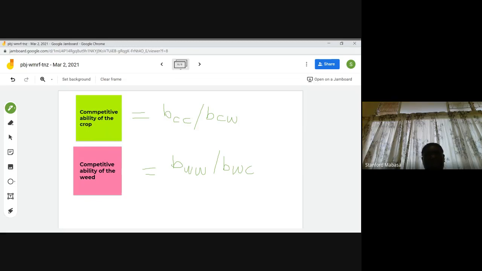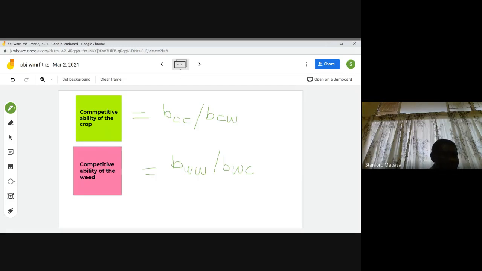Right? But we know they can tell us about intra-specific competition, in a crop and in a wheat. This expression can give us intra-specific competition, as well as this one.